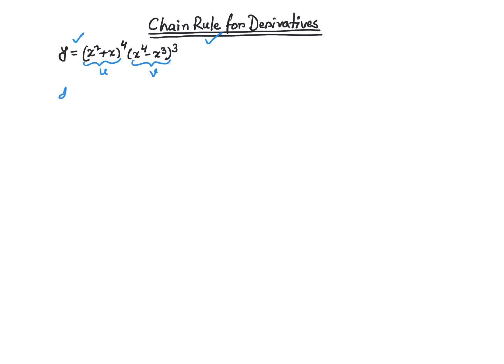So dy over dx is going to be equal to u times the derivative of v.